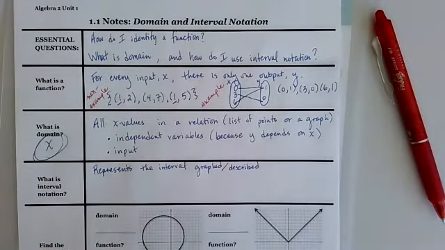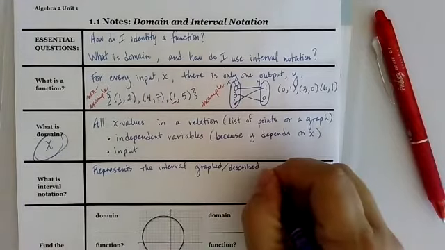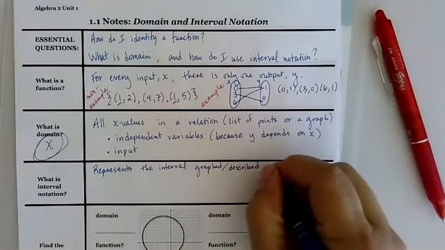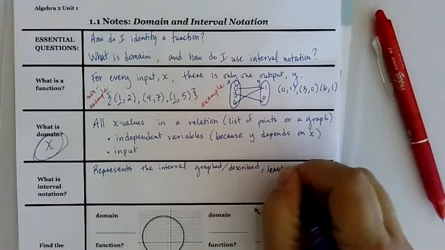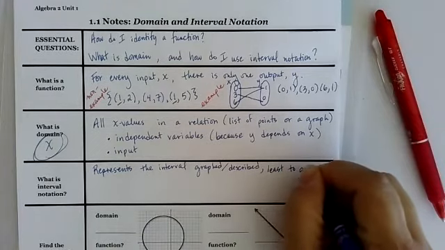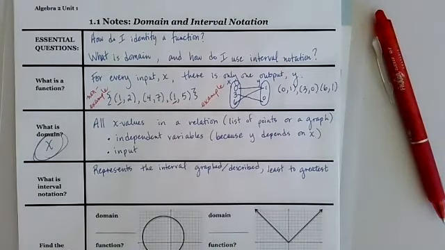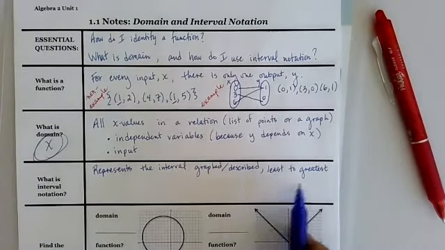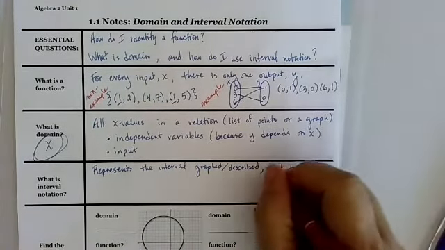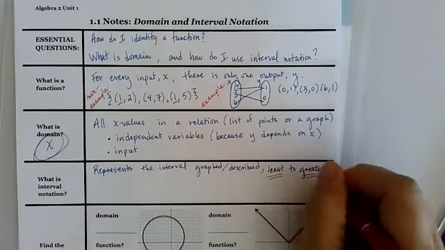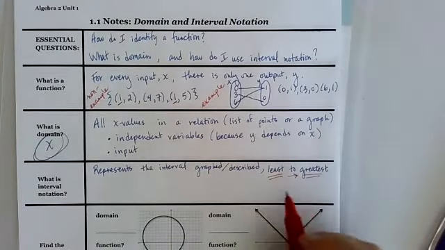It's always least to greatest. And really, that's a really big deal. It has to be least to greatest. So this is very important.